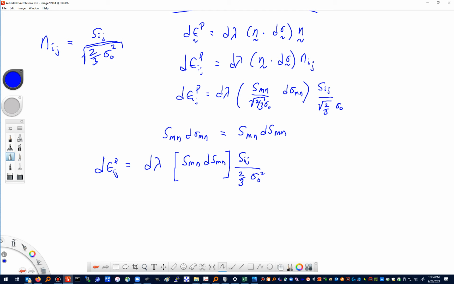We've gone through in class, using our uniaxial theory, I guess, well, let's do it now. There won't be any harm to do that now. We can figure out what d lambda is. Let me save this page.